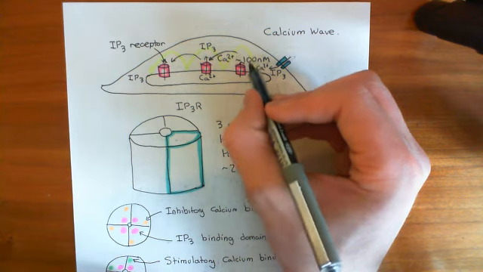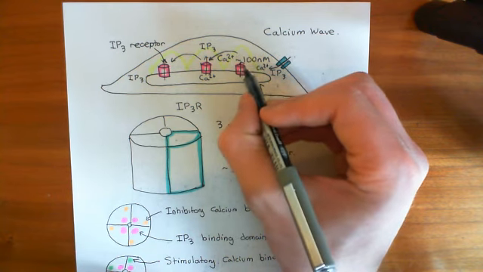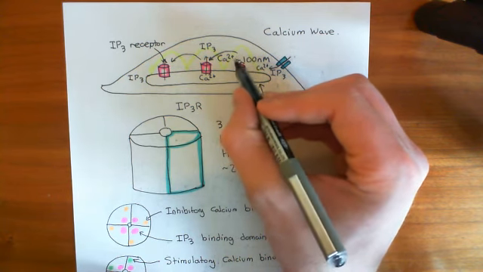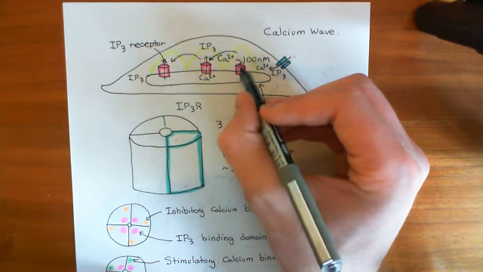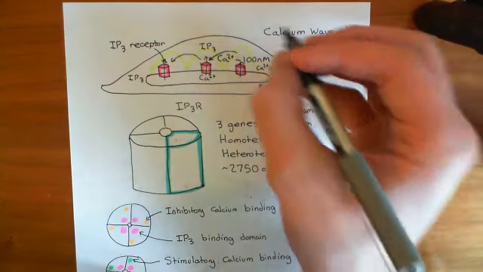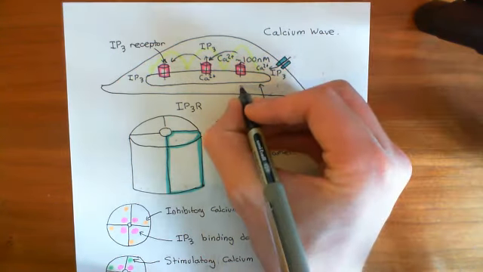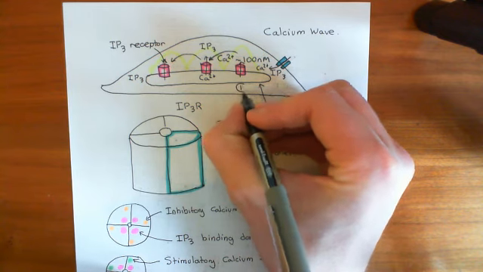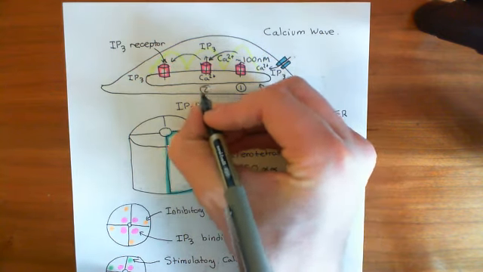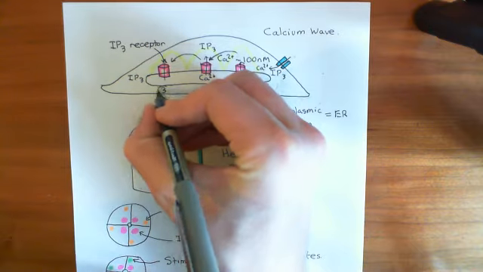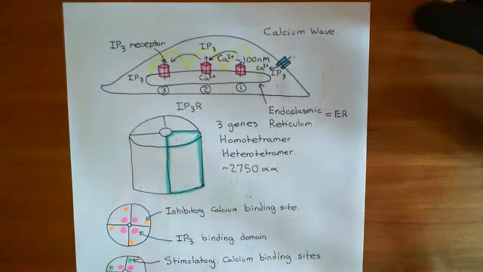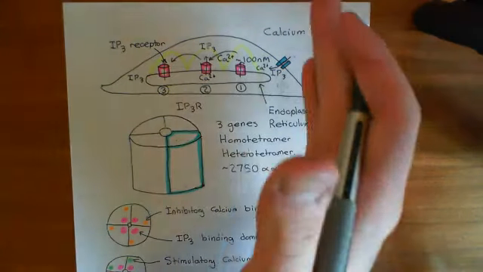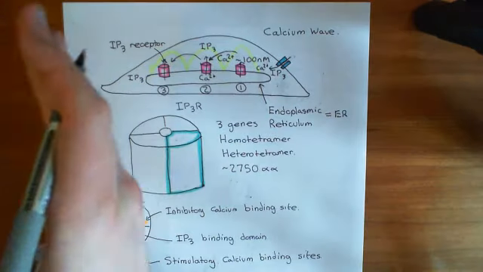So what will happen is this IP3 receptor will close here, and that will cause calcium to stop being released around there. So if we were to plot calcium concentration at position 1, position 2, and position 3 on a graph, then this might give us some intuition for what a calcium wave is, because it's more than just the propagating release of calcium.